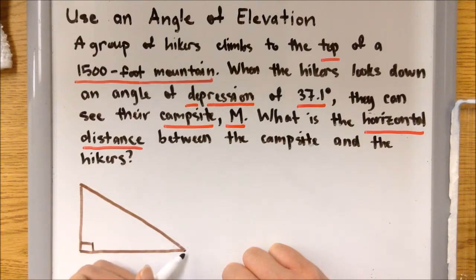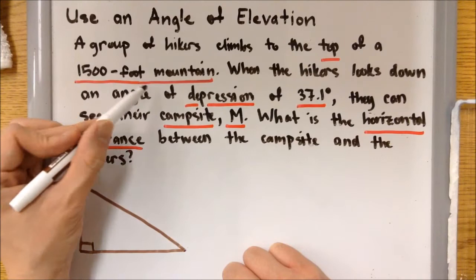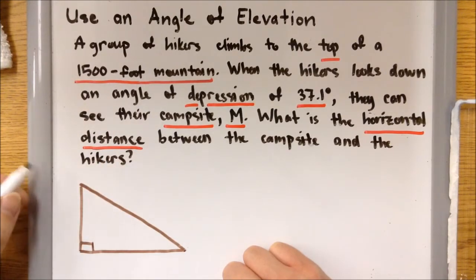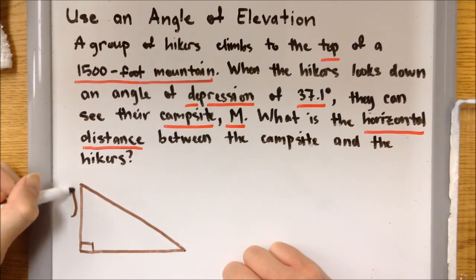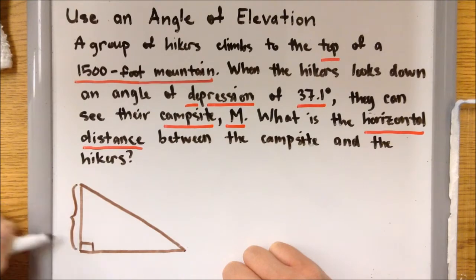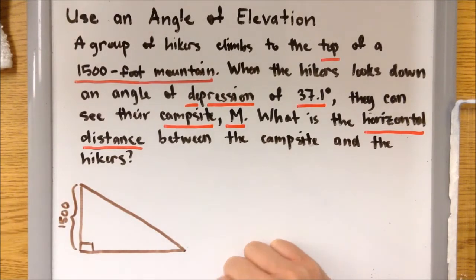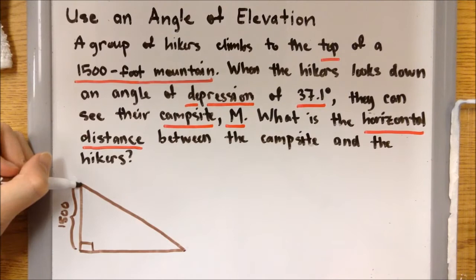First, I'm going to use the 1,500-foot mountain. So basically that's where 1,500 is. I'm going to write it sideways because I'm limited on space. So 1,500. Now, basically, the hikers are here.